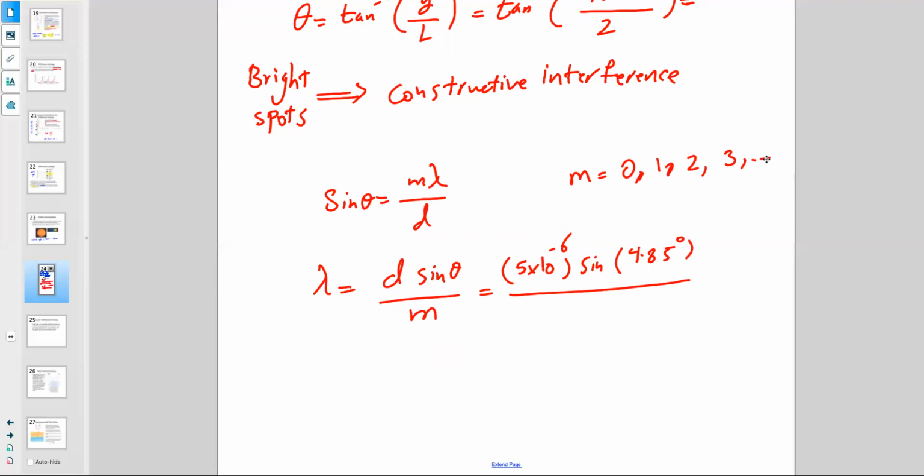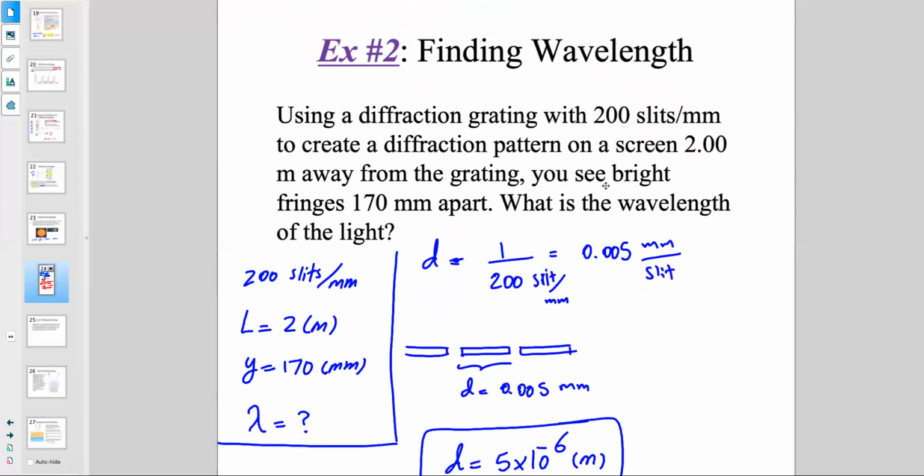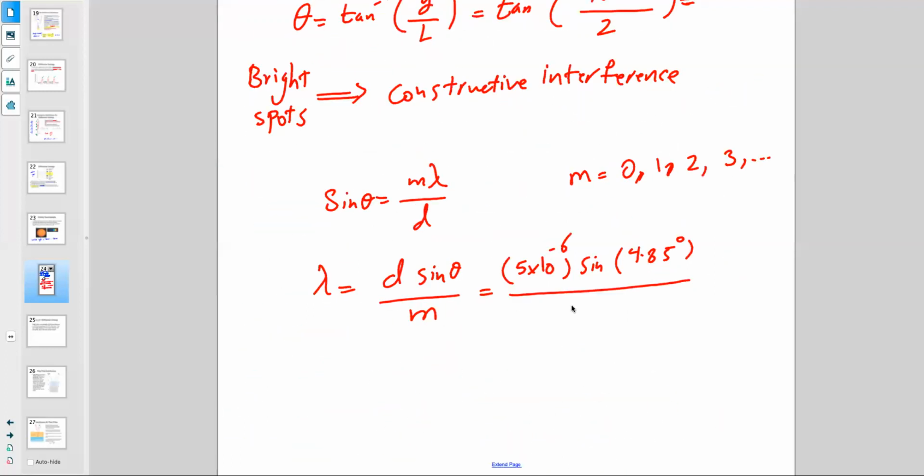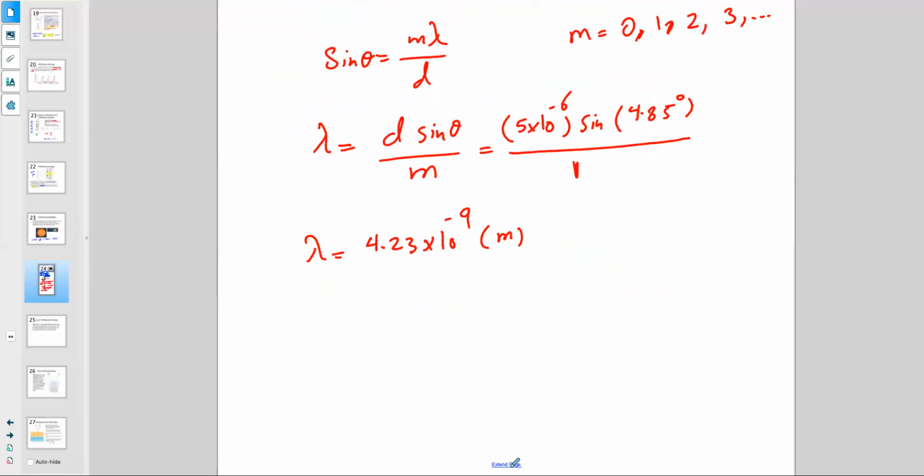If it's the first bright spot, you see bright fringe 170 millimeters apart. So the first one is m equals 1, which is 170 away. If you put this in your calculator, you will get lambda equal to 4.23 times 10 to the negative 7 meters, which is 423 nanometers, a violet wavelength.